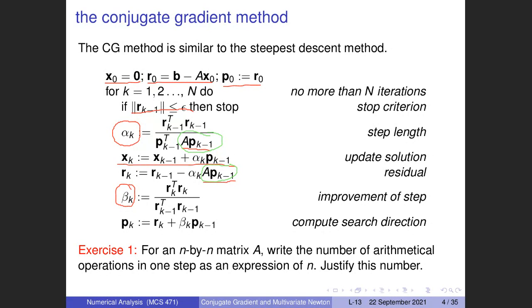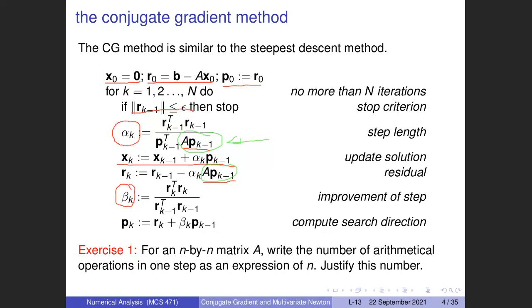If you store A times p sub k minus 1, what is in the denominator is again an inner product. And inner products are linear. So in solving this exercise, you point out that there are two matrix vector multiplications, and then a number of inner products and products with a scalar, which are both linear in the dimension.